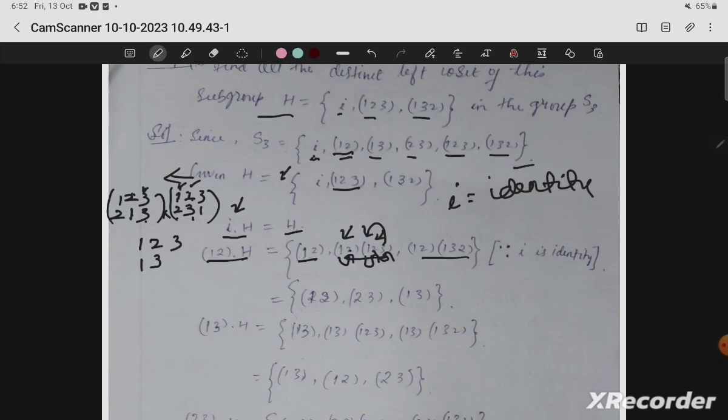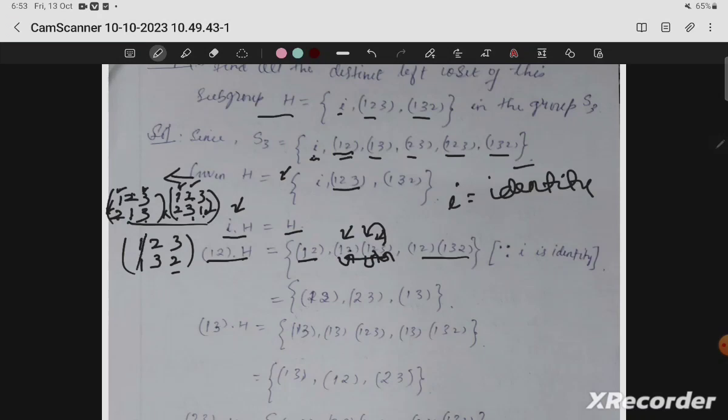And 3 is going to 1, so we refer this 1 to this side, and we start from 1 here, so 1 is going to 2, so 3 is referring to 2, so we will write 2. Now the product of these two permutations is given as this.